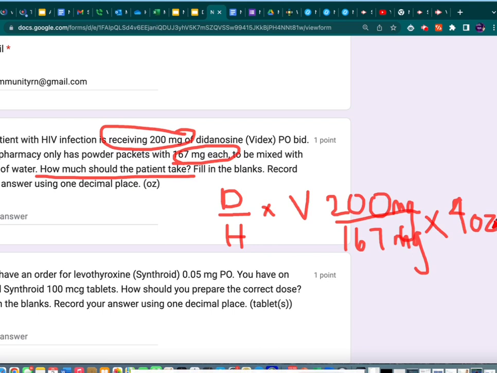So the first thing we're going to look for is an opportunity to cancel out any redundant units. Those that are redundant would be those that are both present in the numerator and in the denominator. And then what's left to do? The math. 200 times 4 divided by 167.